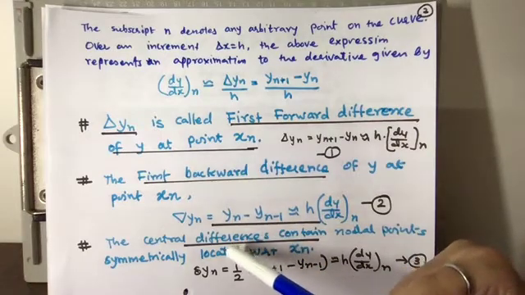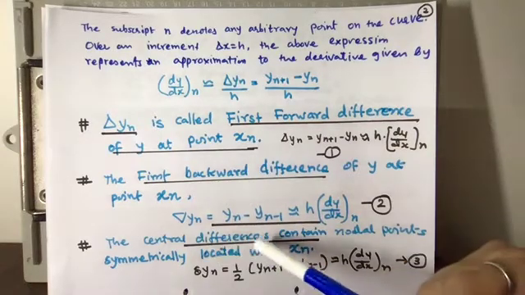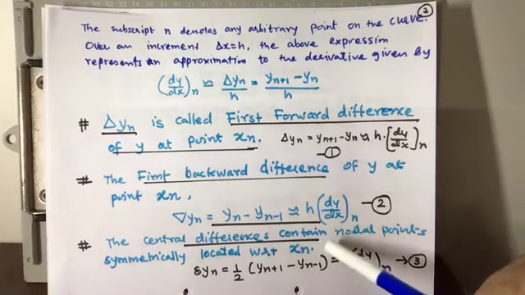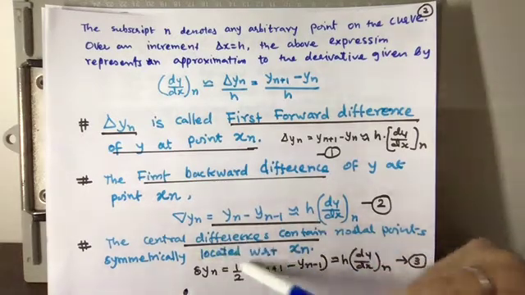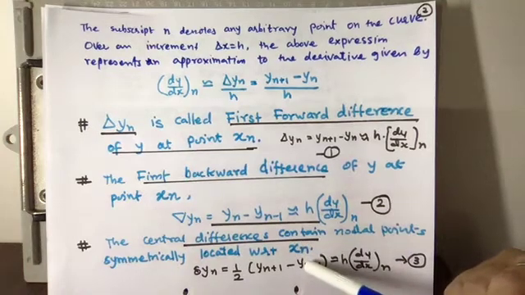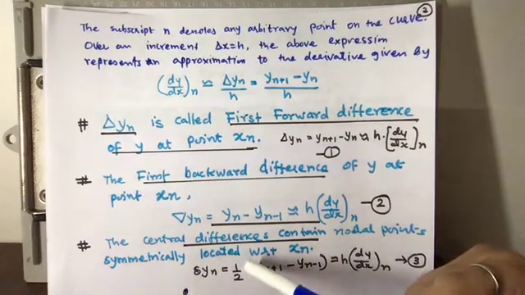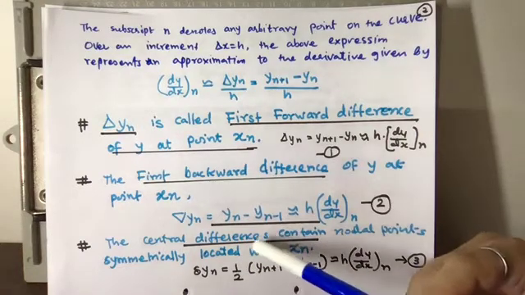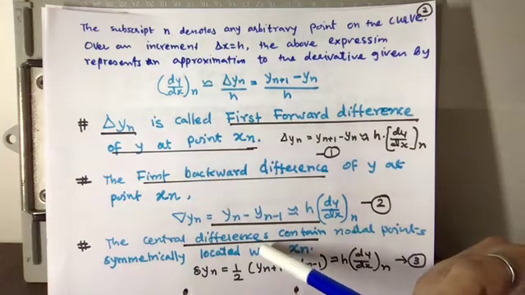Now similarly we can also write the central difference equation, which contains the nodal points symmetrically located with respect to x. It is very easy to write the central difference equations if we take the central point as xn.